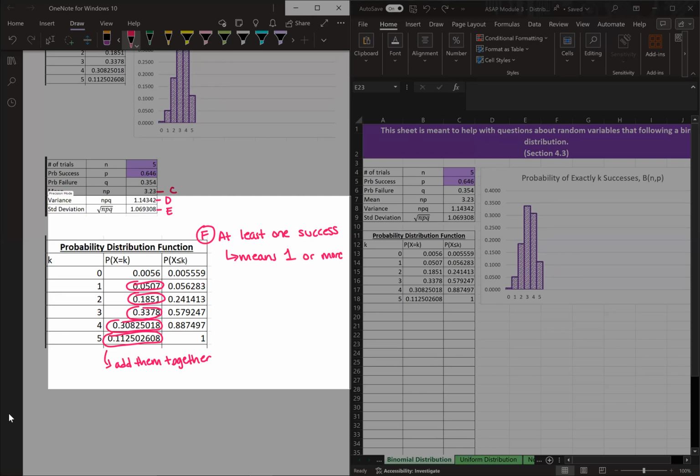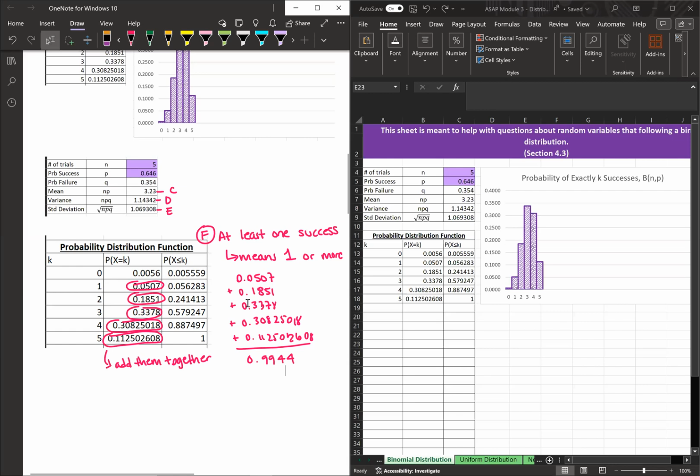And so if you do 0.0507 plus 0.1851, plus all this, then what you should get is 0.9944, roughly, should be the answer. Okay, cool. You could totally do that.